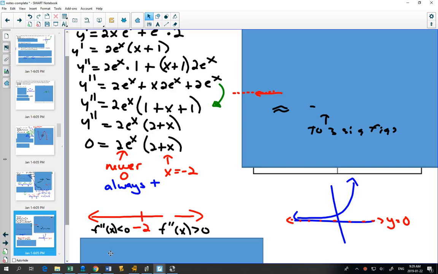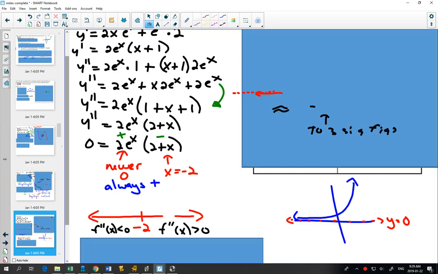That's going to become important because now when I plug in to my number line something less than -2, like 0? No, 0 is not less than -2. Like -3. If I plug in -3, this is always positive, but -3 would make this section negative. I can put a positive here because I know that is always positive.